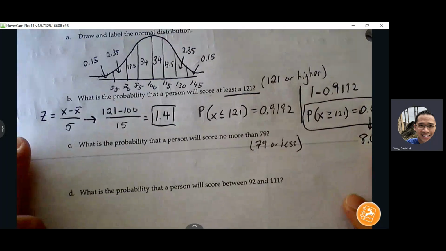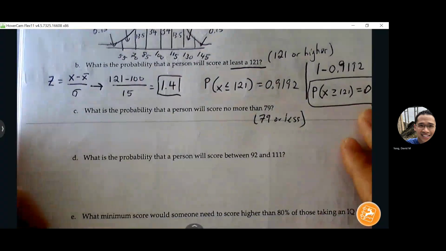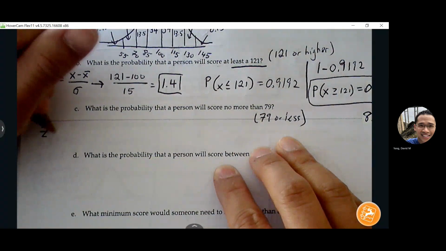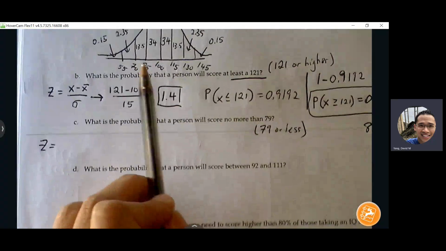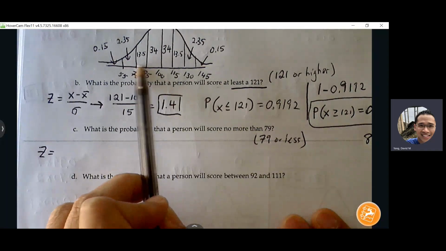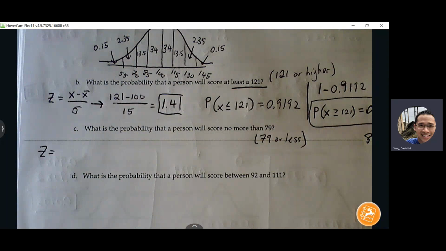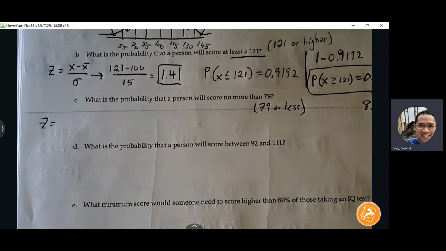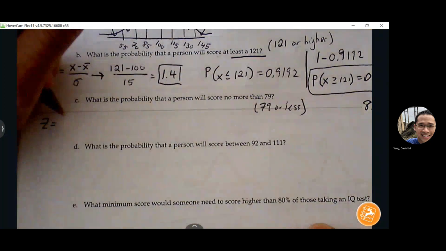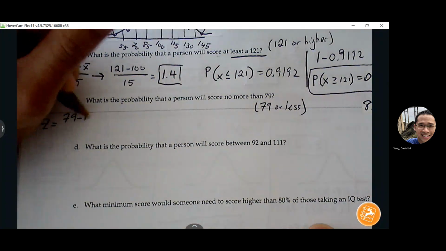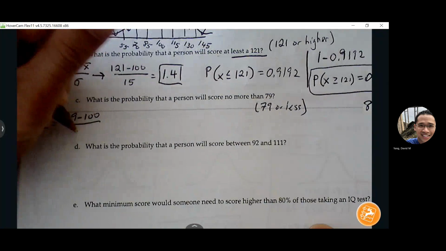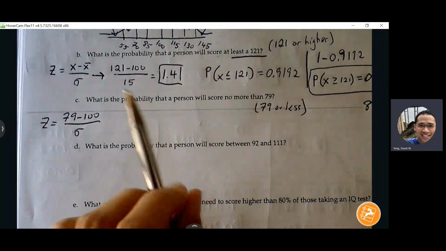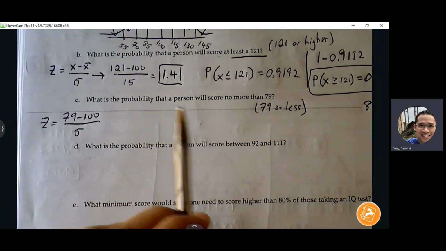Okay, same formula, x minus x bar. Because if you look, 79 doesn't land at a nice interval, so we don't want to just estimate, we want to find the exact value. The x is different, but the x bar and the sigma are the same.